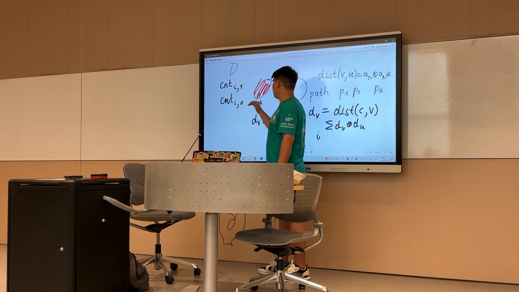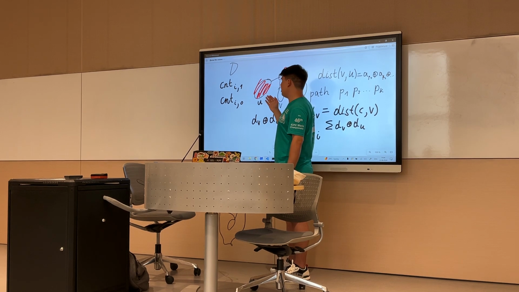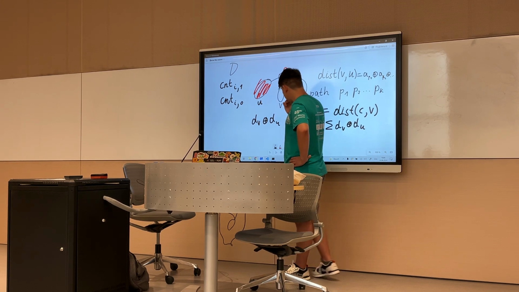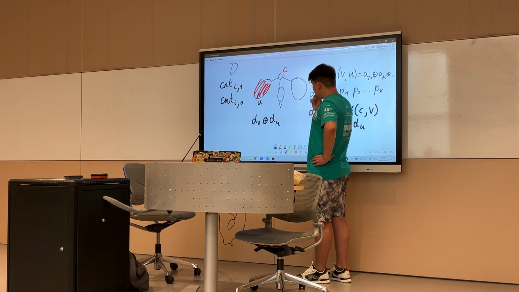And cnt[i][0] means how many vertices in the first subtree have i's bit equal to 0. We need to store those values for every bit i. Okay.